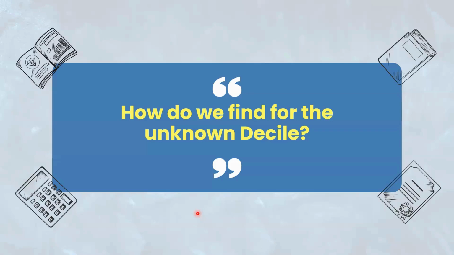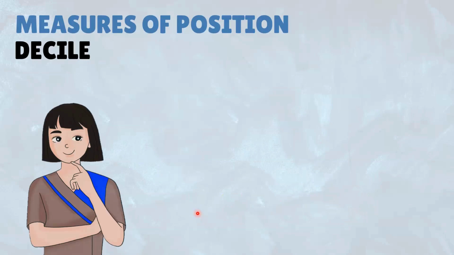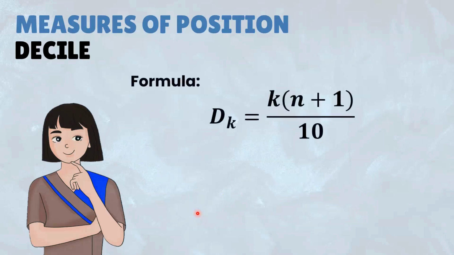All right. So in the previous slide, you were able to see that not all decile values could be readily seen in our data set. So how do we find those values, not readily seen, or even those values seen in our data set? Just like in quartiles, we are also using a formula. So this is our formula.